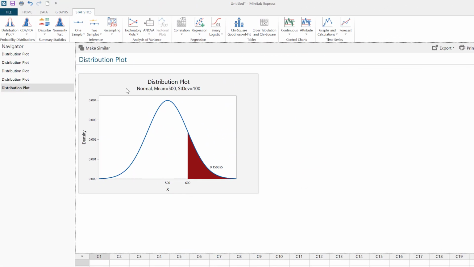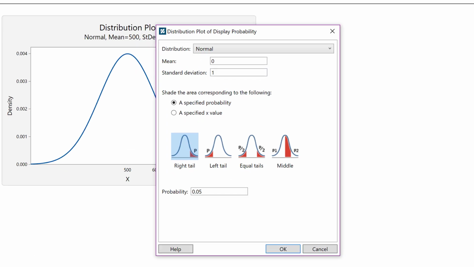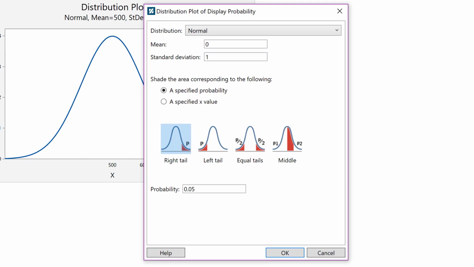We're going to construct another probability distribution plot to display a probability. We want to find the z-values that separate the middle 99% from the outer 1%. We're still using the standard normal distribution. Now we're given a specified probability. We're going to select equal tails.